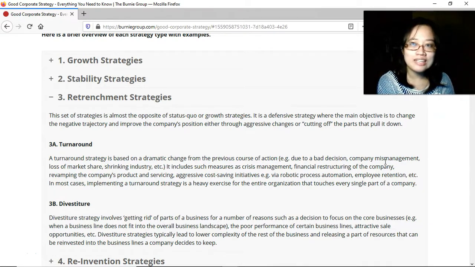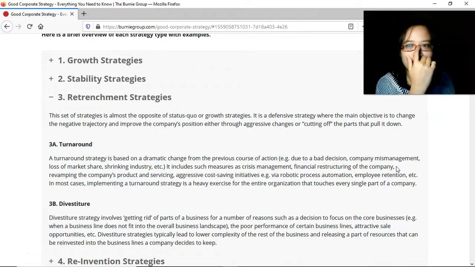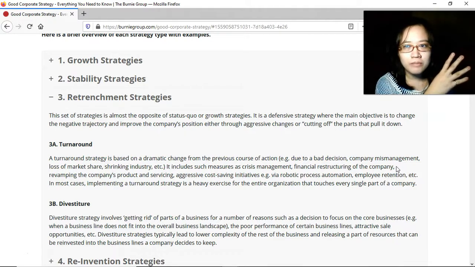Kapag merong hindi magandang nangyari, maling decision, so there's a strategy to overturn the negative effect or the negative impact. Okay? Let's say financial restructuring of the company. There was this cooperative na before the pandemic, they invested in real estate. I think nagpatayo ng hotel or something, right? Tapos, supposedly, mag-o-open or mag-o-operate. But then, the pandemic came out.